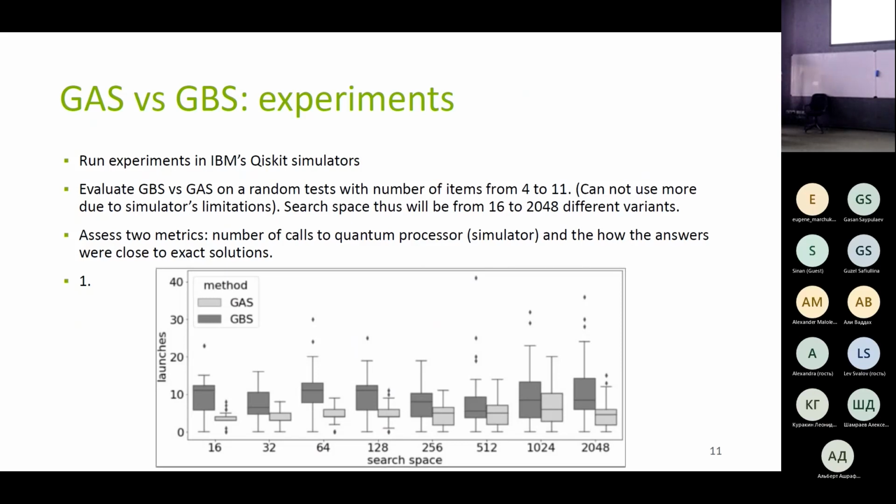But at the same time, we also decided to measure how good the answers provided by both algorithms are. We decided to look at how often the algorithms show the ground truth answer, and when they just make some approximation of it.